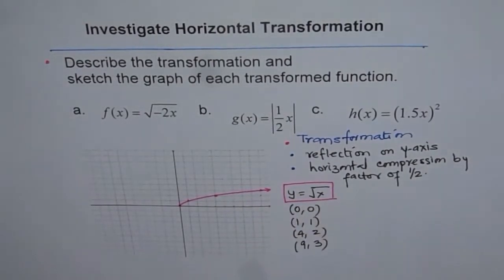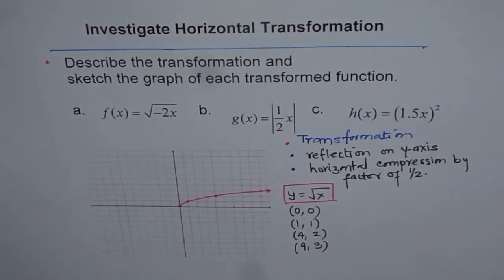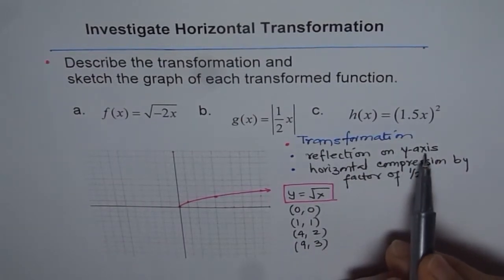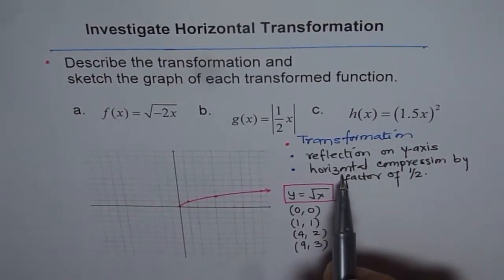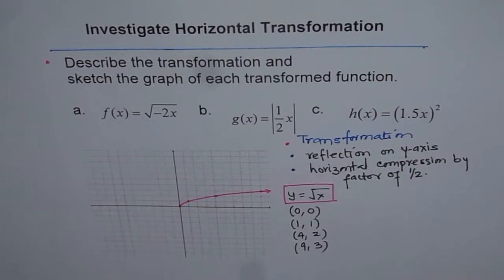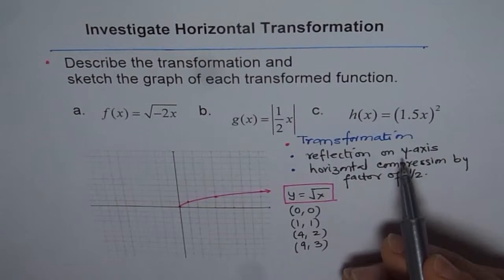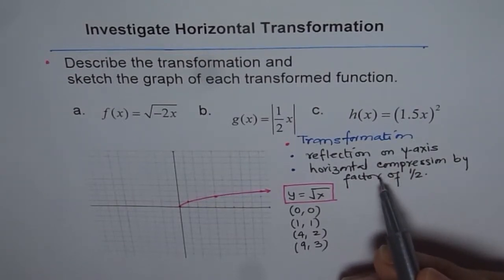That is my graph for y equals square root of x. Now, we need to transform this as per our transformation. The transformation, as you can see, is first reflection on the y-axis, second is horizontal compression by a factor of half. So both are multiplication by minus half, correct? Either way we could do first reflection and then compression, or we could do them together.